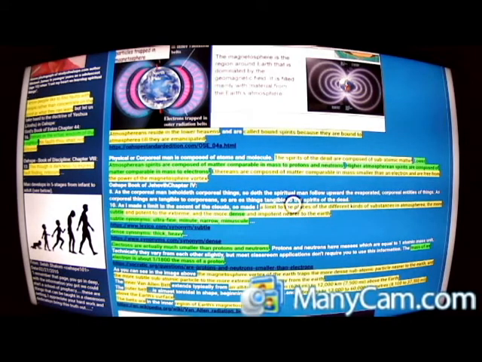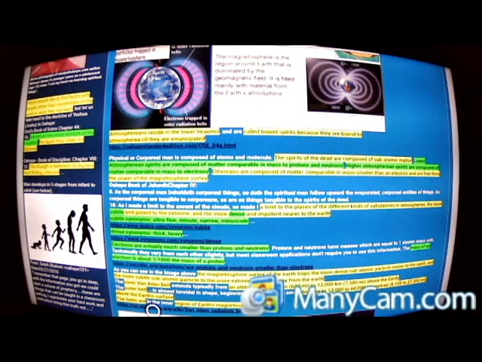So as you can see there, the inner region is closer to the Earth, and the outer region is farther away from the Earth's surface. And it says here the belts are in the inner region of Earth's magnetosphere.